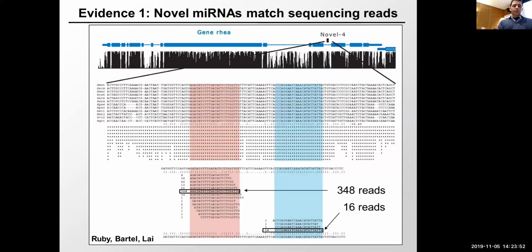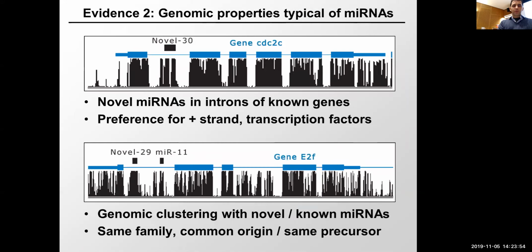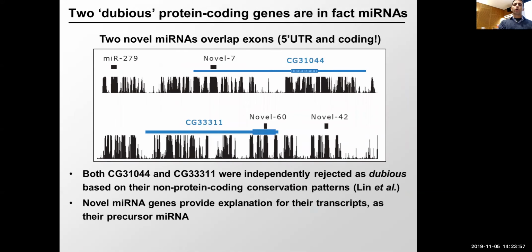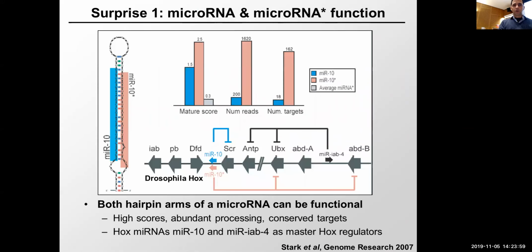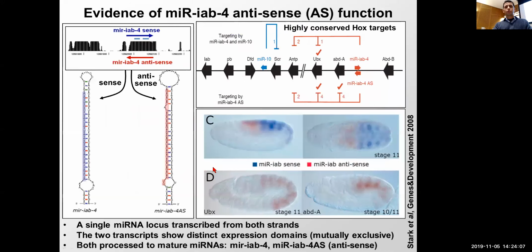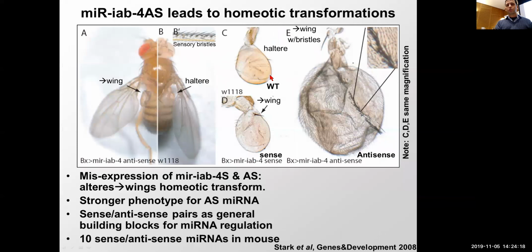So you can build trees for developing those and for recognizing those, and we found all kinds of really cool properties of microRNAs. For example, within the same Hox clusters that I was mentioning earlier, we found that there are antisense microRNAs, where the same region can be transcribed in two different directions, and then they control very, very different processes.